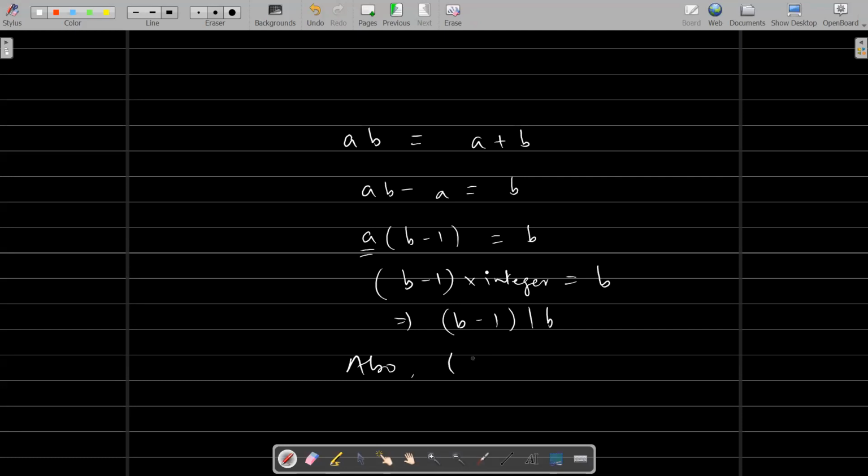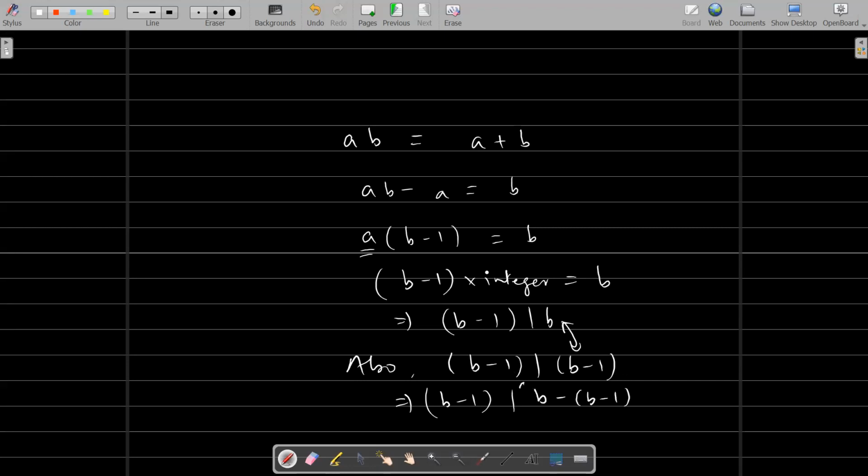So also B minus 1 divides itself, B minus 1. Do you agree with this? Yes, sir. Which means B minus 1 divides the addition or subtraction of these numbers.